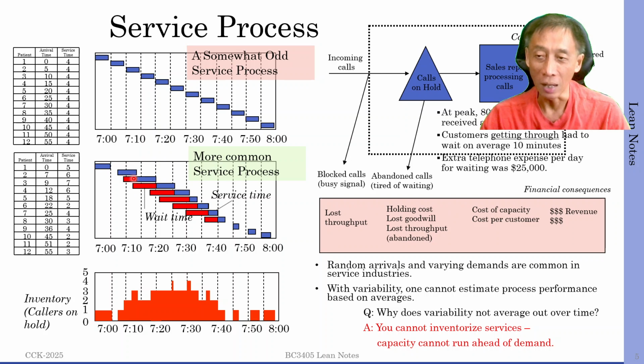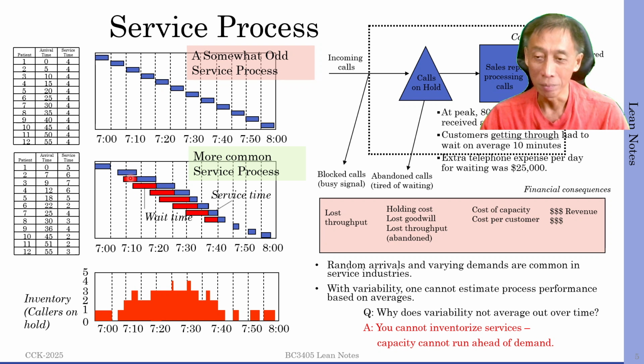And this time, the service time for the second patient is so long that before the second patient gets done, the third patient arrives, right? The left edge occurs here at time 12, and it is unable to be served right away, and so it has to queue up behind the third patient.